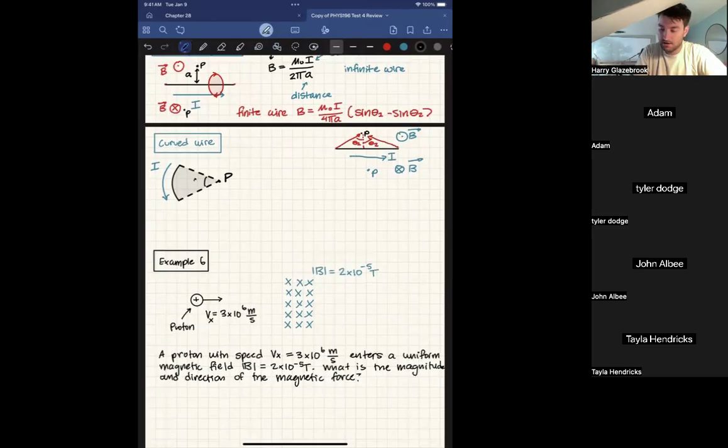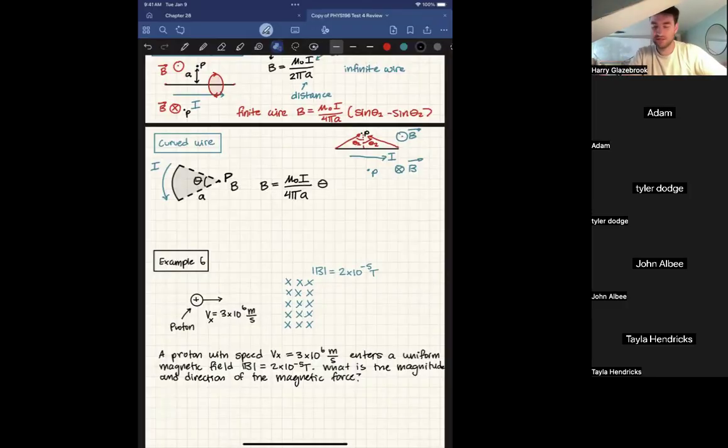This guy is going to be theta. A is going to be basically the radius of this section of wire. So the magnetic field at this point, B, just equals mu naught I, where I is the current flowing through the wire, divided by 4 pi A, where A is just going to be the radius of that curvature, times theta, where theta is just the angle that the arc curves with.